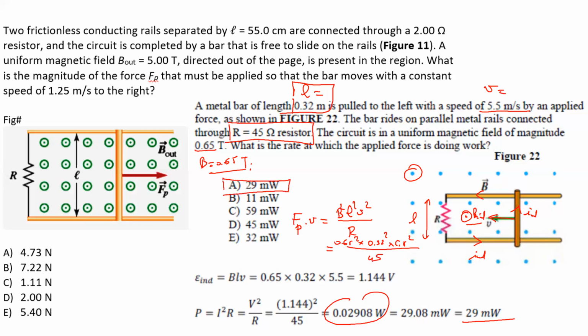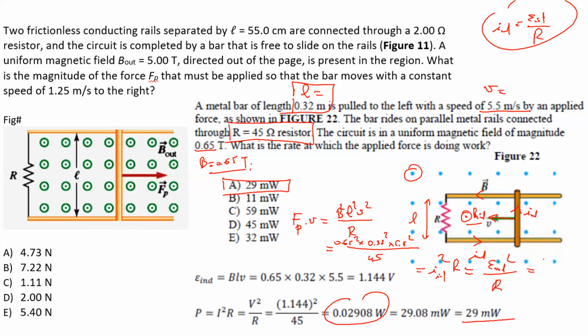And of course, we already demonstrated that this should be equal to I induced squared multiplied by R. In other words, this is just EMF induced squared divided by R, because you know that I induced is EMF induced divided by R. You just plug it in here.